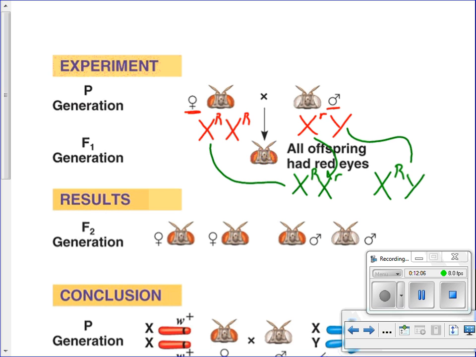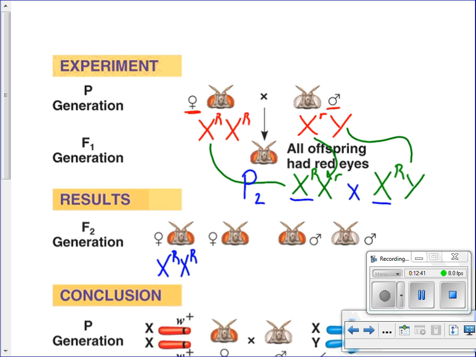Now, what if we take these two offspring from the F1 generation, and they now become the parents for the next generation? So now we're crossing these two genotypes here. When we cross these two, we will see a Punnett square a little bit lower down, but just thinking our way through this, we can take the capital R from the female, the capital R from the male, and what we will find is that a number of the females will be homozygous dominant for this particular gene.